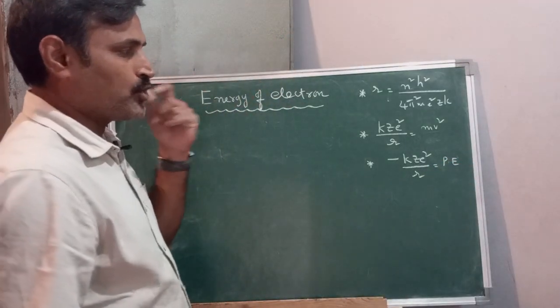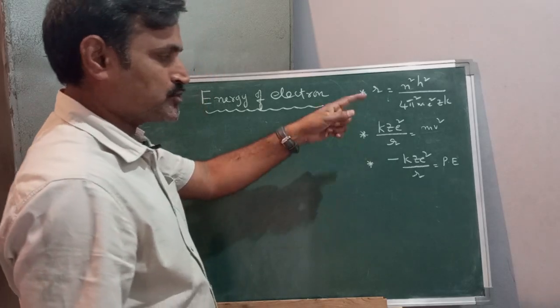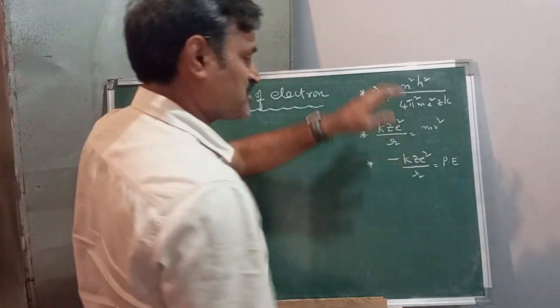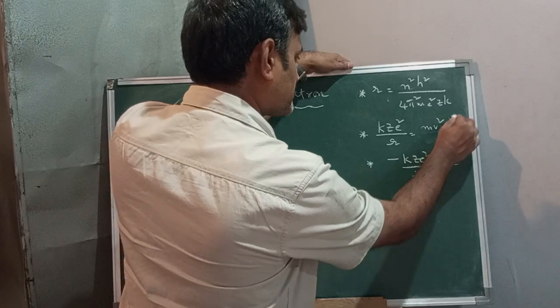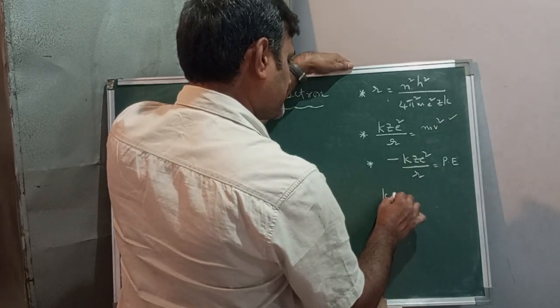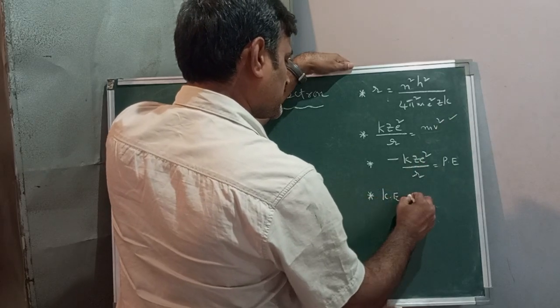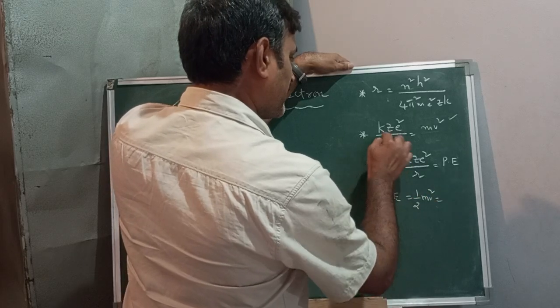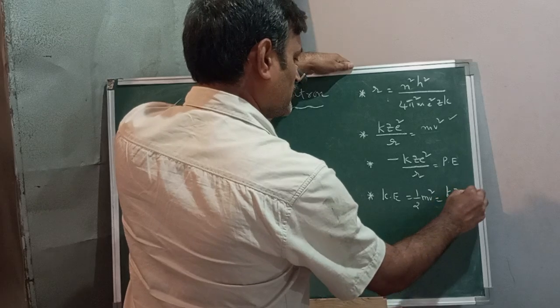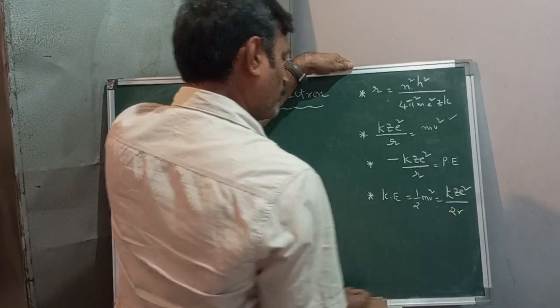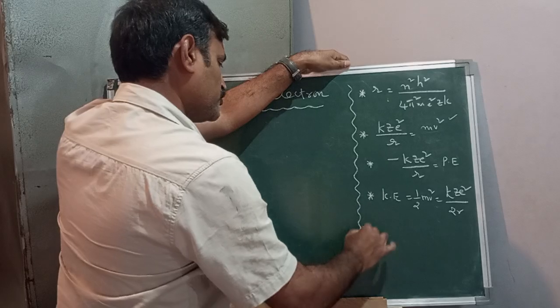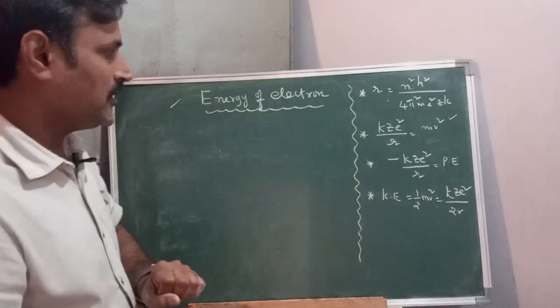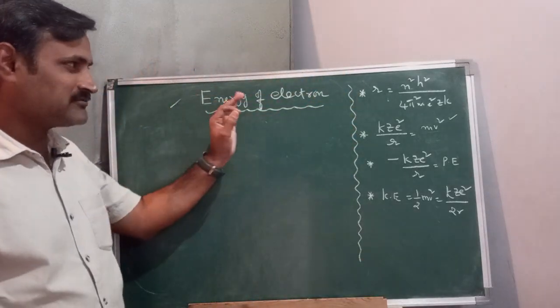By virtue of motion, kinetic energy; by virtue of position, potential energy. So from this m v square answer, the kinetic energy can be given as half m v square, which becomes k into z e square by 2r. We will make use of all these expressions to derive the energy of the electron.